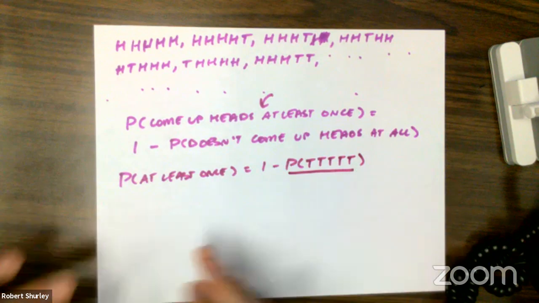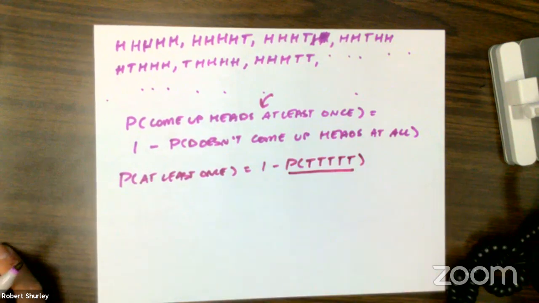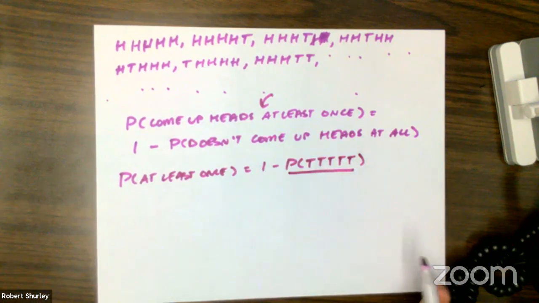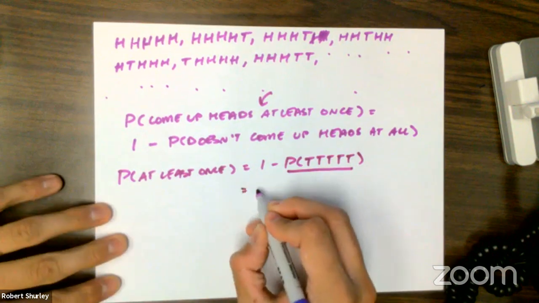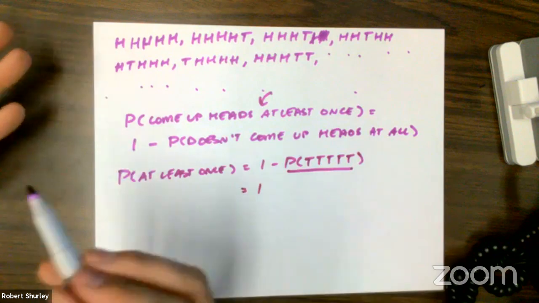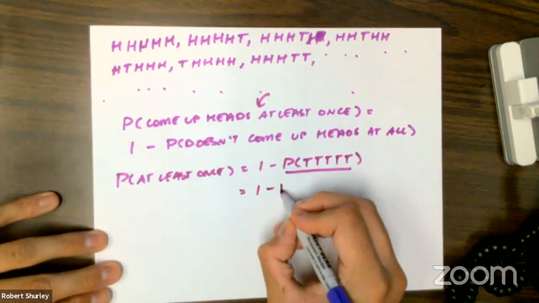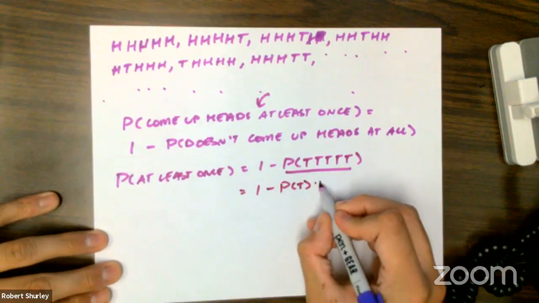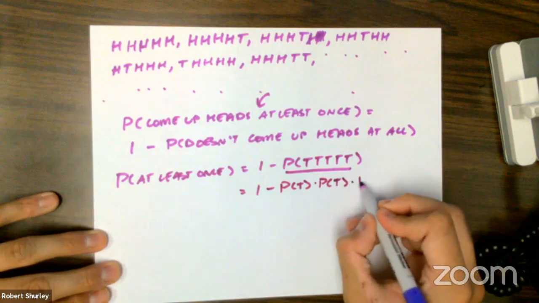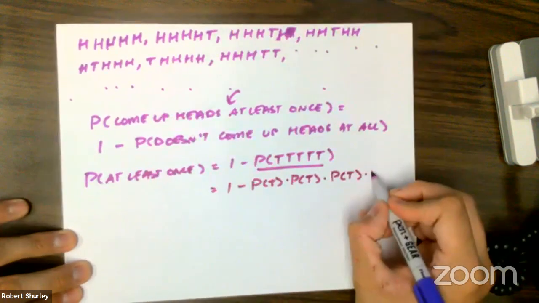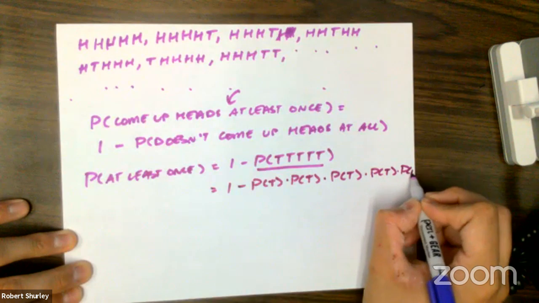This will be a lot easier to calculate because we know each one of those flips is independent. So because each one of those flips is independent, the first one doesn't depend on the second one, right? This is just probability of tails times the probability of tails times the probability of tails times the probability of tails. You get the gist here.